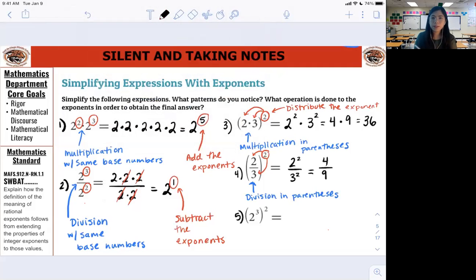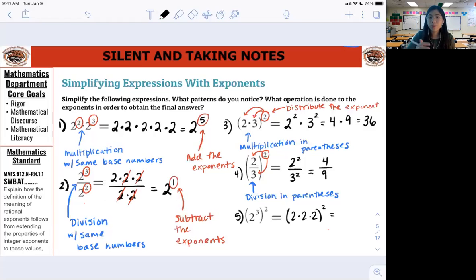So far, these patterns are a little more intuitive. That's why I did the first two, the really confusing rules, first. These rules are a little bit easier to remember. Now, this last one, when we did it, we had to do 2 to the power of 3, 2 times 2 times 2.